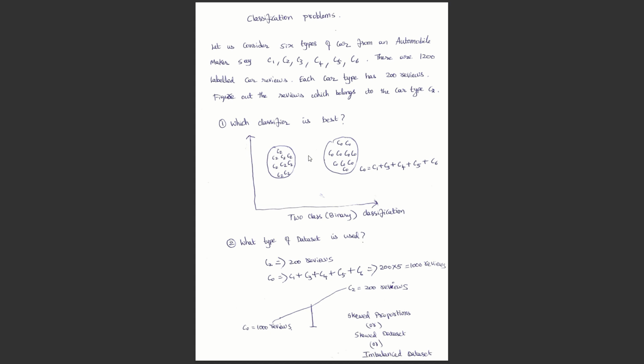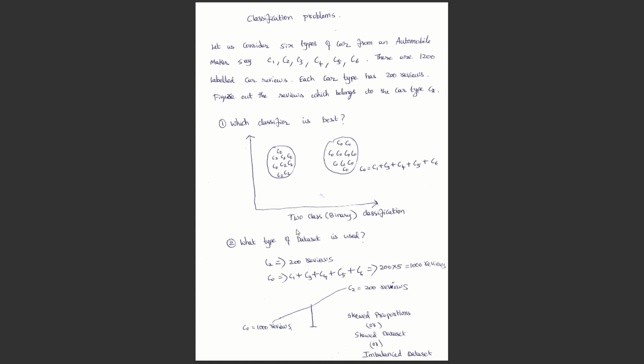So you can see here two classes are involved, and we have to determine if it is the car review C2 or not. In other words, you can say the first type is it is a C2 car review, and the second type is it is not a C2 car review.